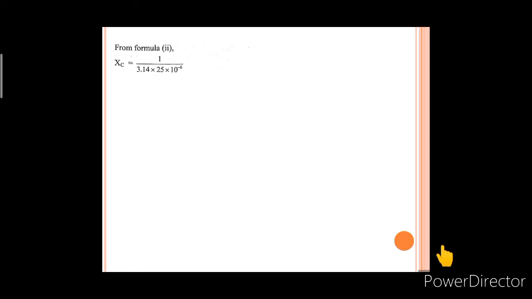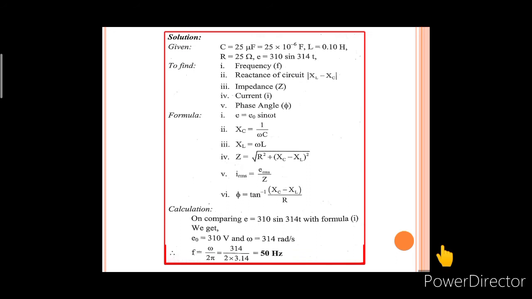Now next, by using the second formula, that is XC is equal to 1 upon omega C, we have to substitute the value here. Omega, we know that it is 314 radian per second. Value of C is given as 25 into 10 raised to minus 6 farad.